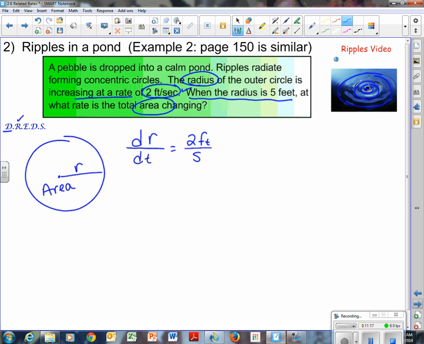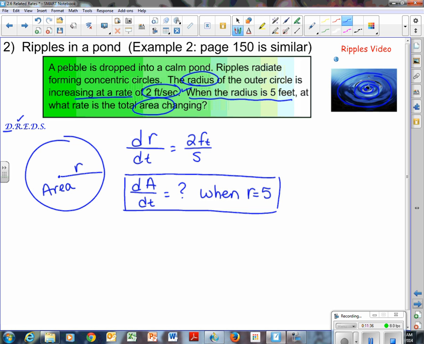When the radius is at 5 feet, what is the rate of the area changing? dA/dt is equal to something when, this is the snapshot, when r equals 5. And I have to wait till I get my differential equation written before I can throw in the 5. So this was our known value, and this is what we are seeking.